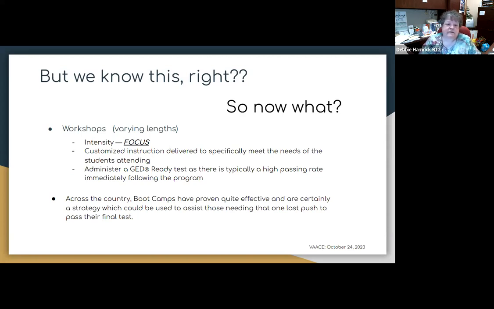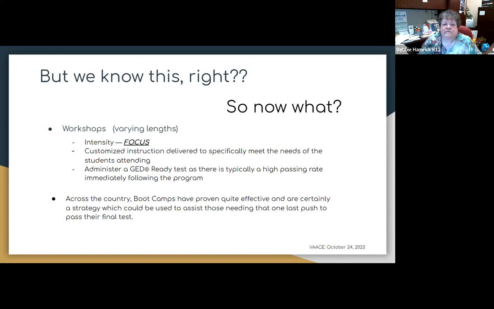Sometimes they obtain the passing score on the GED ready and we get them to come in and take the official. And sometimes they don't, but we've been able to eliminate some of those skills that they were struggling with. So it's just a little bit less that they have to work on to get to the passing score.